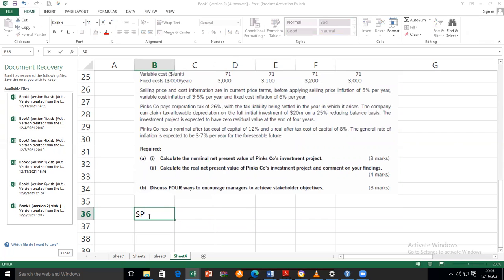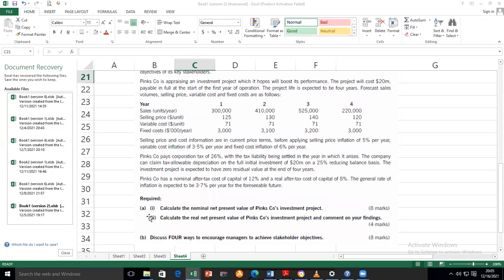Inflation inclusive. Yes, so inflation is already considered. So when they say calculate the nominal net present value, what they mean is these figures are in current price terms, so for that approach, you need to inflate these figures.